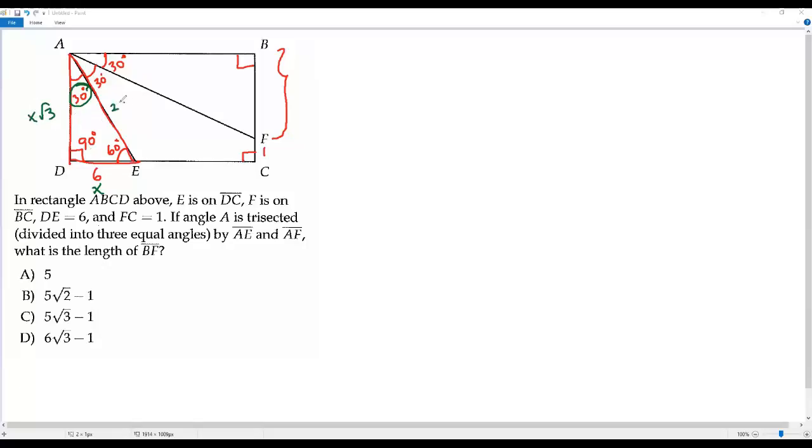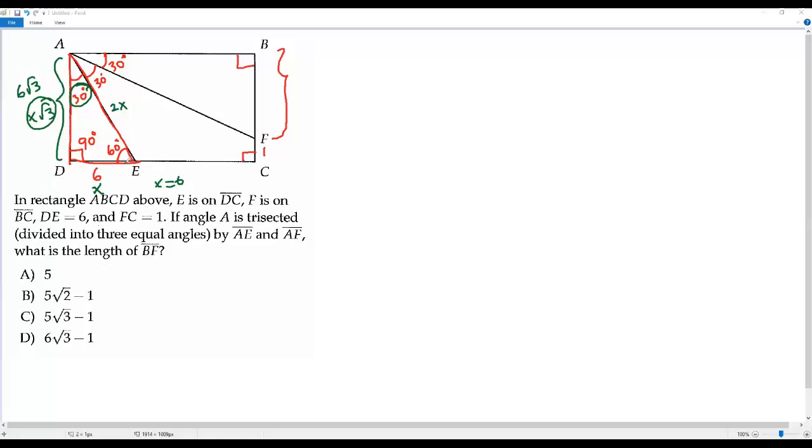And the hypotenuse is 2x. Actually, it is not required in this problem. Anyways, here we already know the length of the shortest leg DE, given in the question itself, that is 6. But we have assumed the length of the shortest leg DE as x. So x is equal to 6. Then if I plug in x equal to 6 over here, it will become 6 times square root of 3. So the length of AD is 6 times square root of 3.